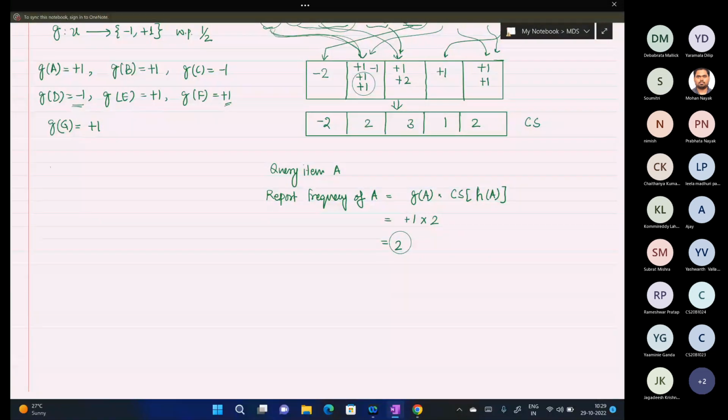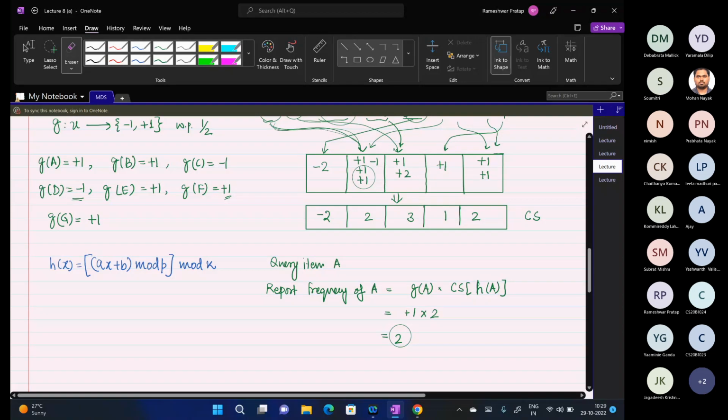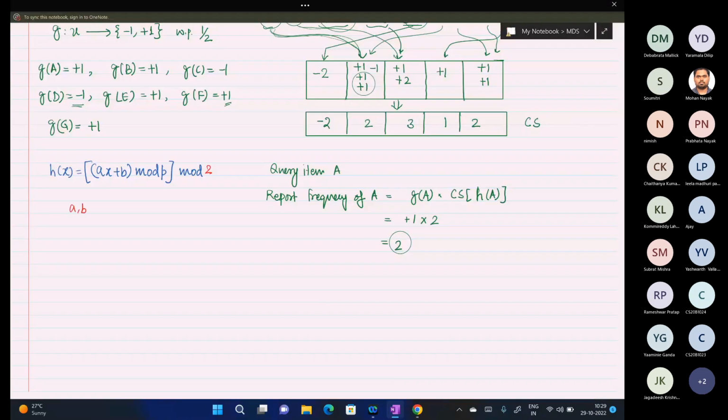Last time we saw an example of a universal hash function. You can use ax plus b mod p, and then mod k. Here if we choose k as 2, we'll get values in 0 and 1, where a and b are randomly sampled from our universe.